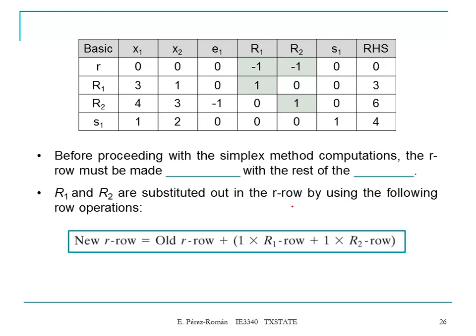So before proceeding with the simplex method's computations, the R row must be made consistent with the rest of the tableau. Okay, so R1 and R2 are substituted out in the R row by using the following row operation. So you're going to use the Gauss-Jordan method to make those two parameters or constants 0.